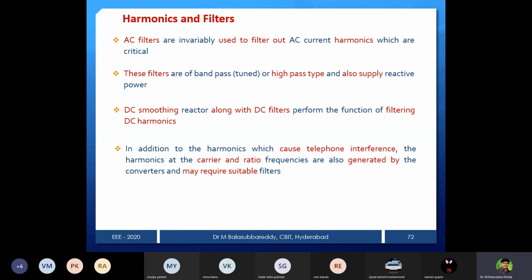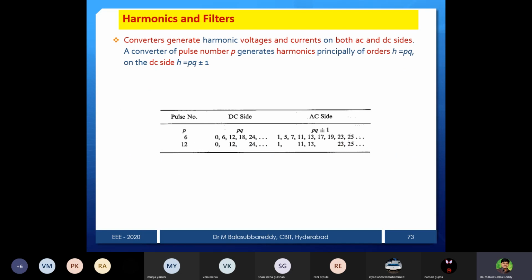In addition to the harmonics, telephone interference at carrier and radio frequencies is also generated by the converters, requiring suitable filters. The harmonic generation and various types of filters used in a converter we'll discuss in this.